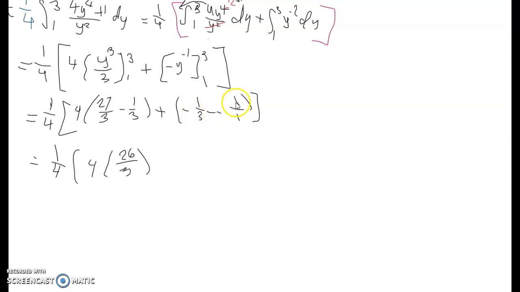And this would be over here. That would be a negative 1 over 3 plus 3 over 3, which would just equal 2 over 3. So we'd have our plus 2 over 3 over here.